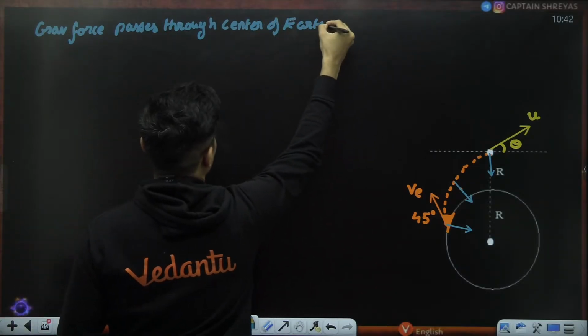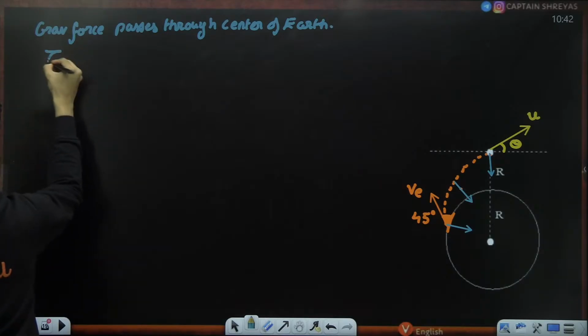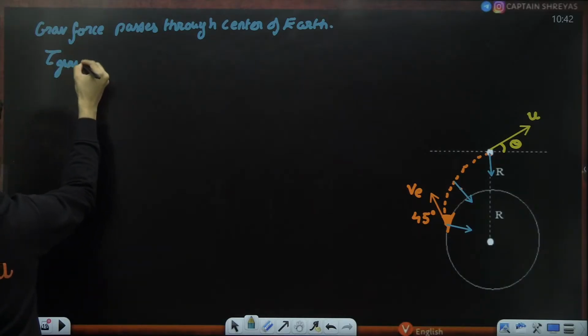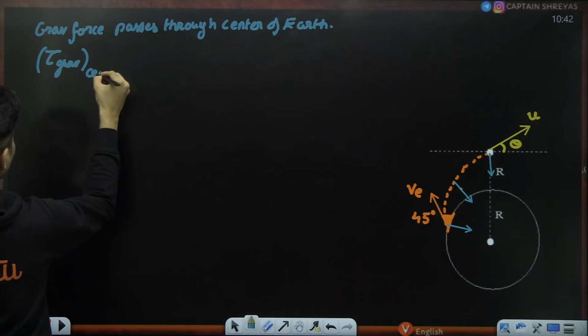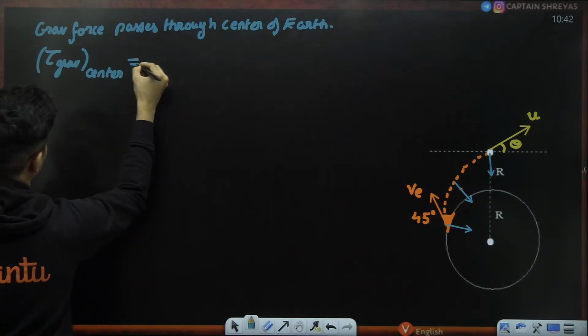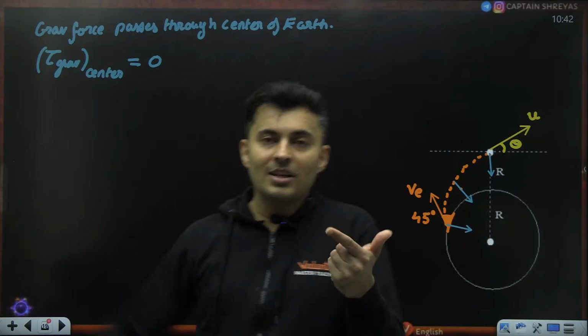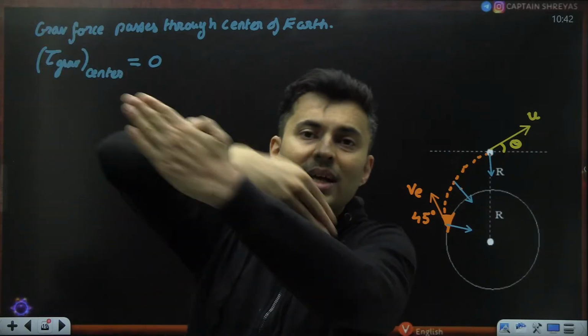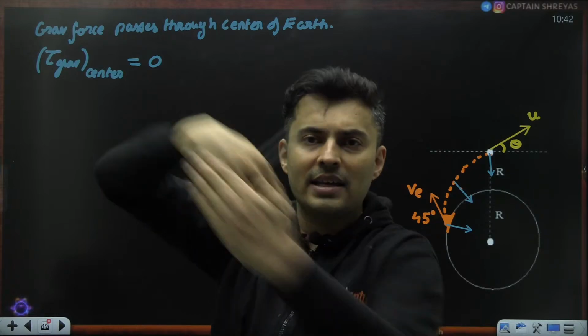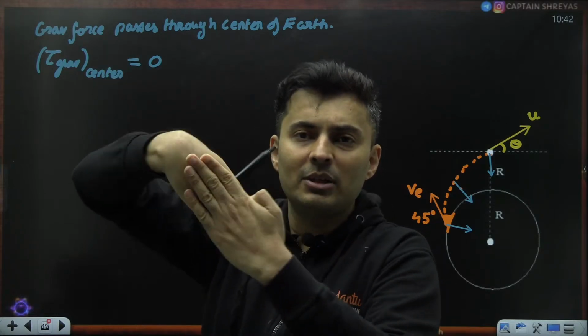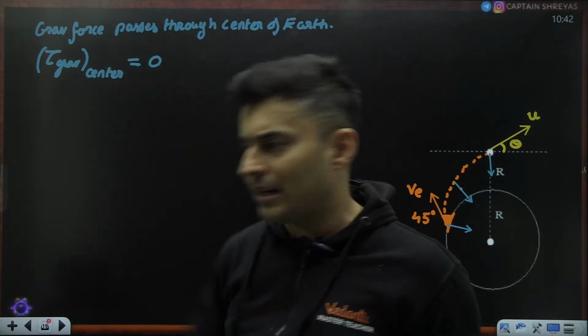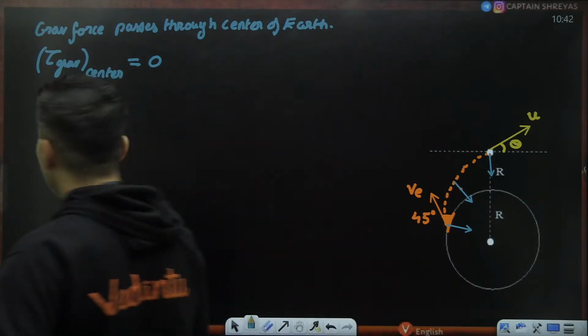So if I ask you what is the torque of the gravity about the center of the earth, the answer will always be zero, because torque is R cross F. If the force is passing through the axis, no matter what R is, what F is, you will never be able to generate any torque. They will be anti-parallel to each other. So the answer will be zero.